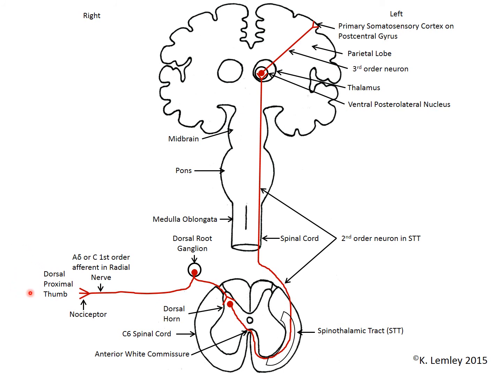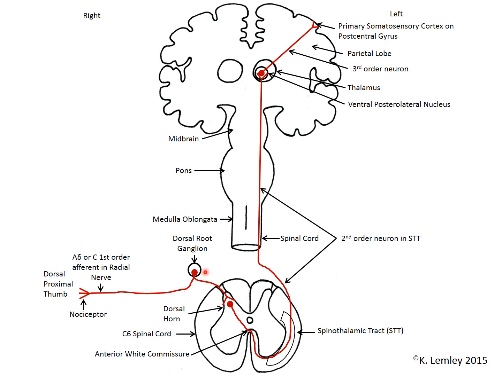Now I've selected to have my pain stimulus occur on the dorsal aspect of the proximal thumb. So I know from anatomy and recalling my cutaneous innervation that that area of the skin is innervated by the radial nerve. So my A delta or C first order afferent is going to be traveling in the radial nerve.